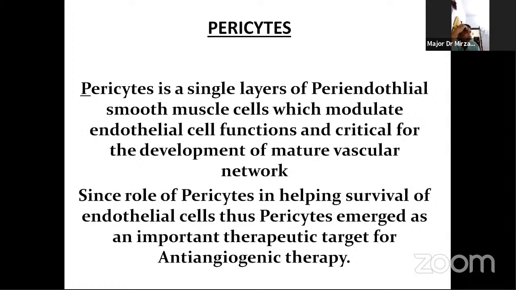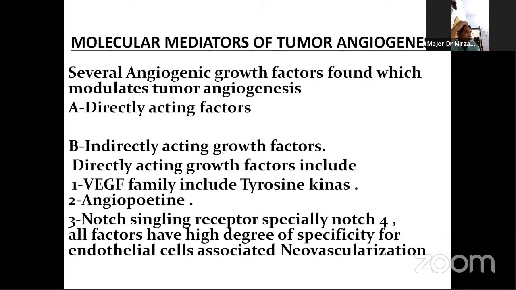So molecular mediators of tumor angiogenesis: we have told you the directly acting and indirectly acting. The directly acting growth factors are the vascular endothelial growth factor family, including tyrosine kinase inhibitors, angiopoietin, and Notch signaling receptors, especially Notch4, which have a high degree of specificity for endothelial cell associated neovascularization.